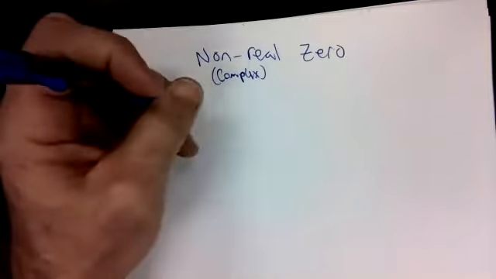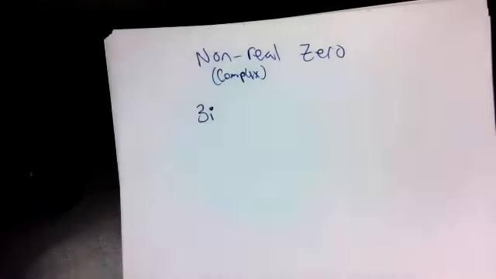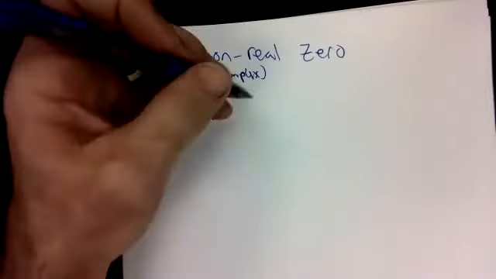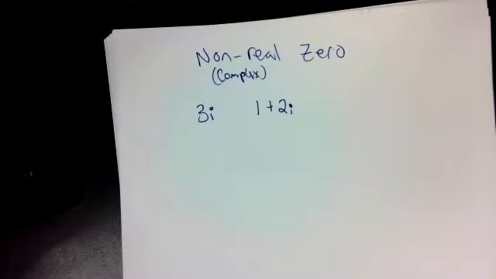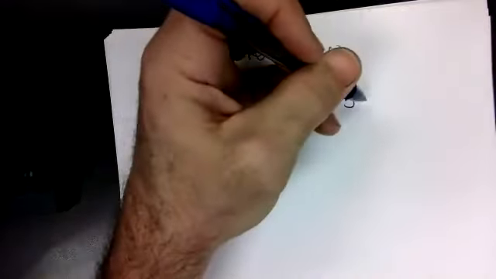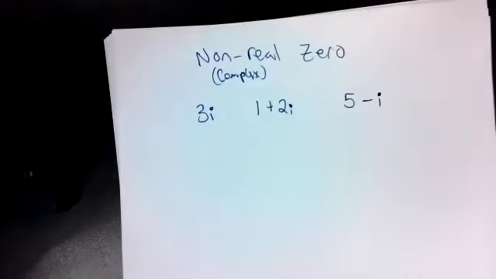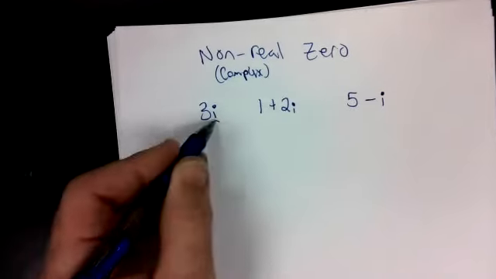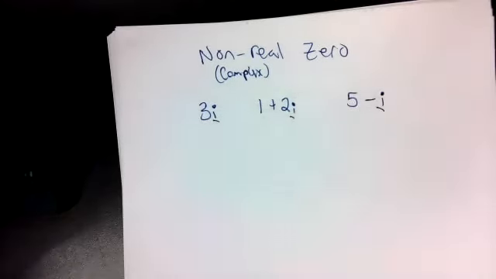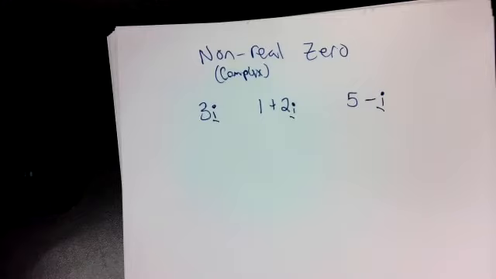For example, 3i, or 1 plus 2i, or 5 minus i, something like that. This i stands for the imaginary number. It's the square root of a negative 1. It's what makes it complex.